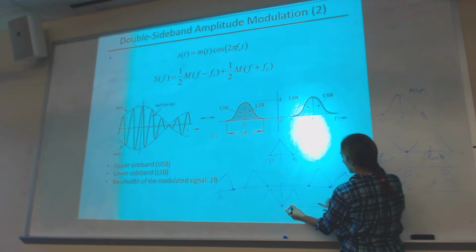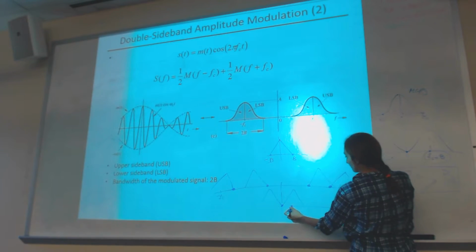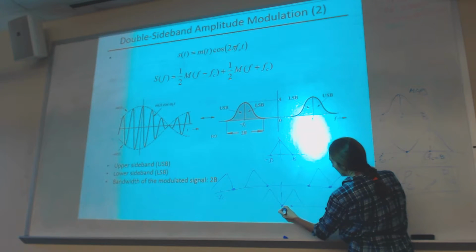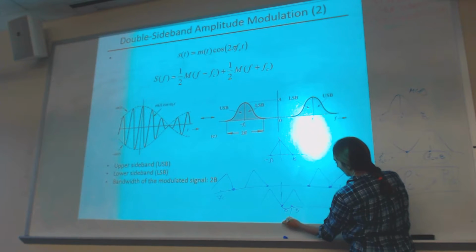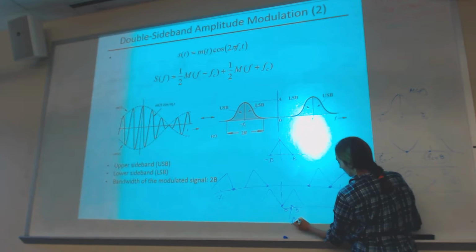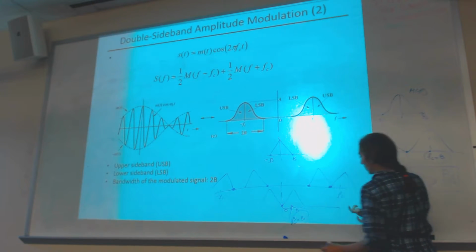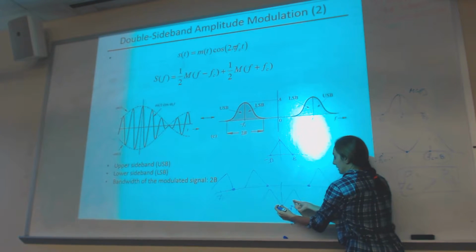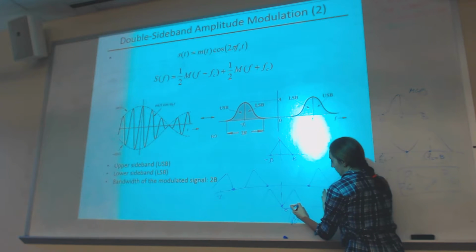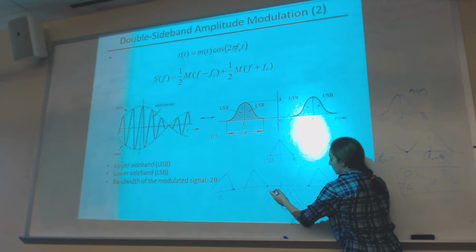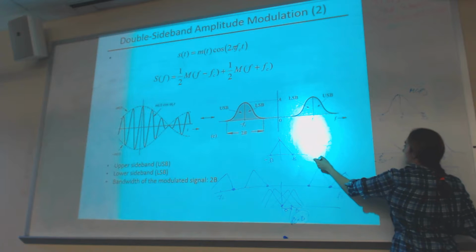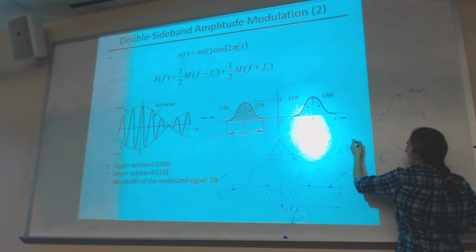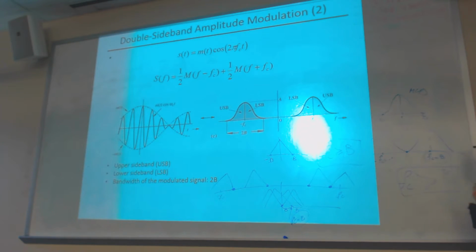And what's the value here? This is B, this is B. So at f_c equal to B, we are exactly at the point of meeting. But if I make f_c smaller, there's going to be a collision. Therefore, f_c must be at least B. Who got it? Nobody?